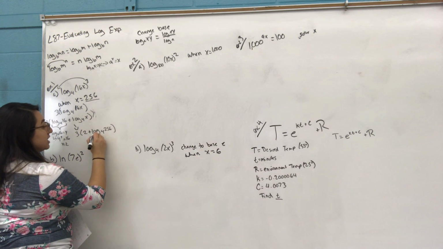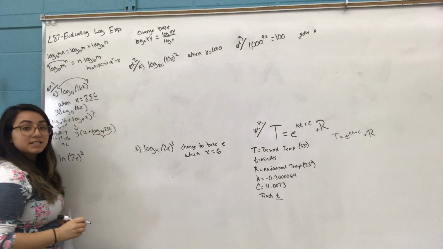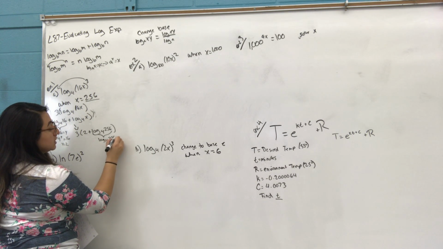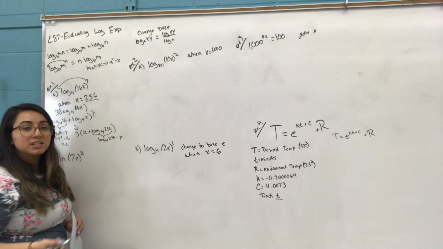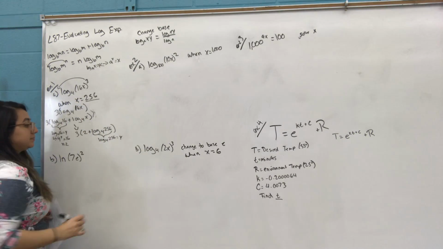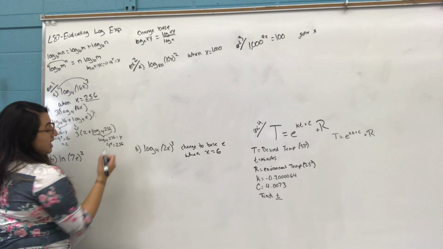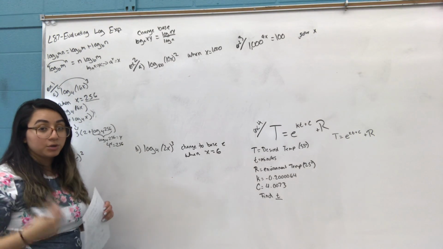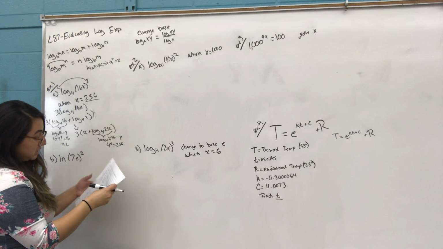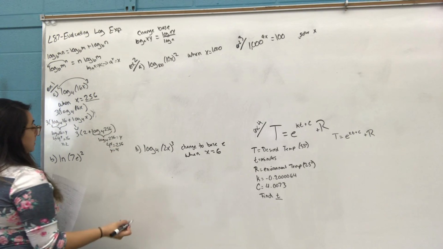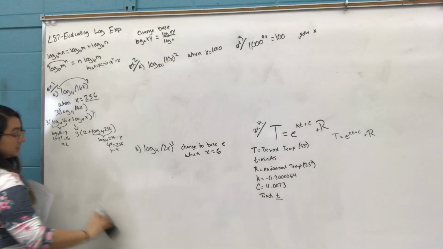Again, same thing: I put it in exponential form. Log base 4 of 256 equals y. I don't want to use x because we have something else for x. So 4 to the y power gives you 256. If you do 4 squared, 4 cubed, 4 to the 4th power, you end up with y being equal to 4.